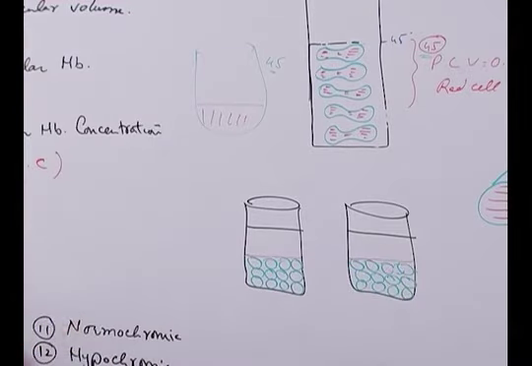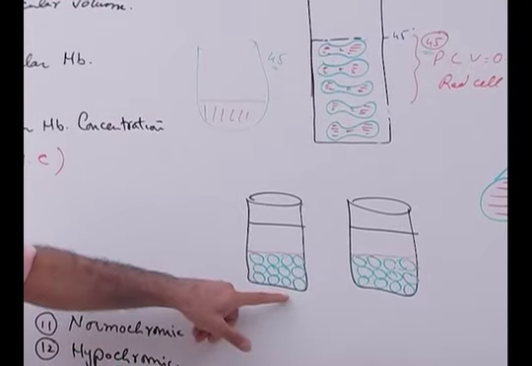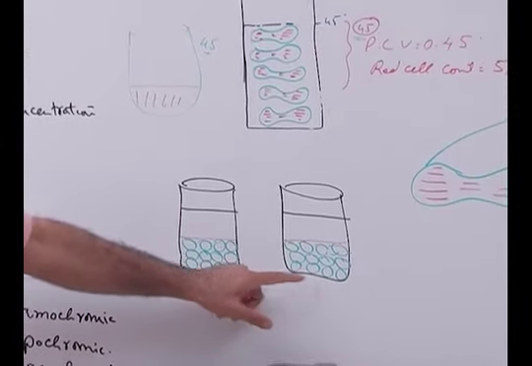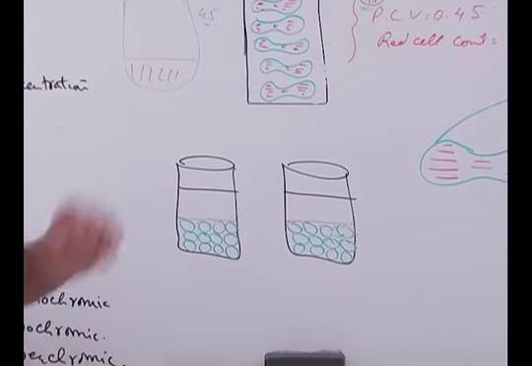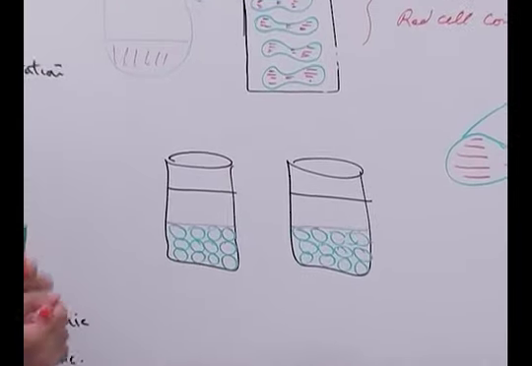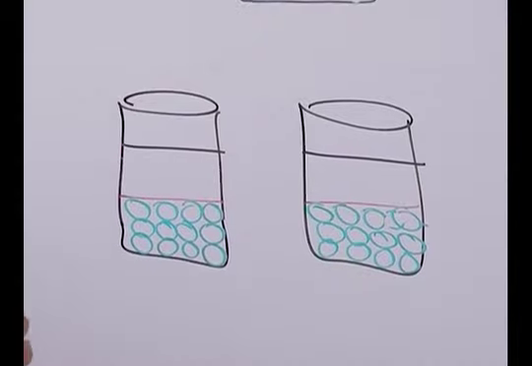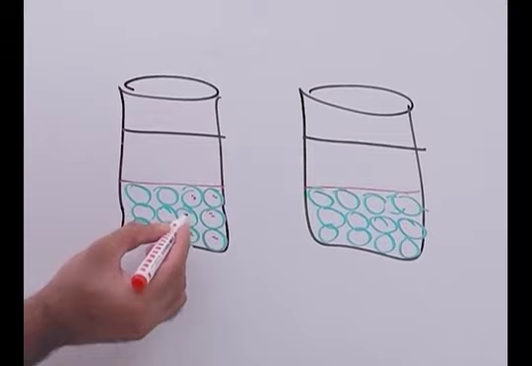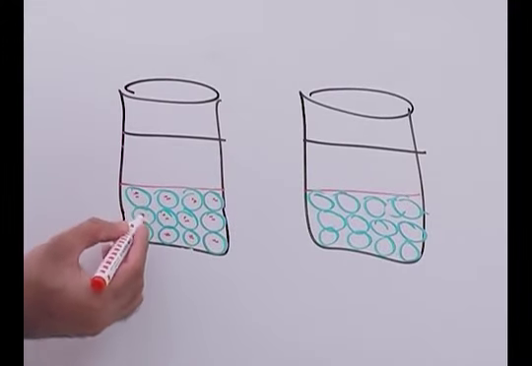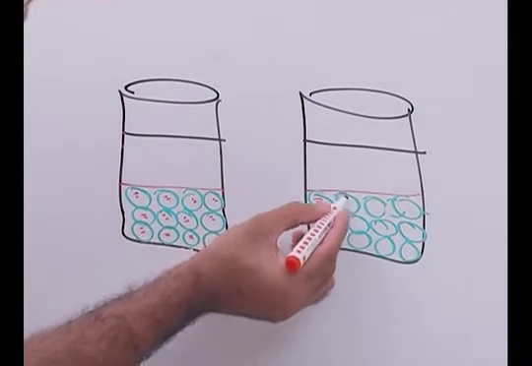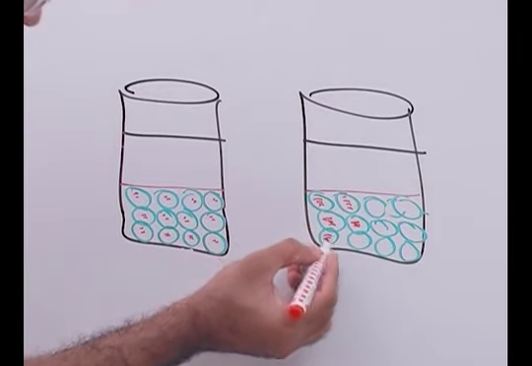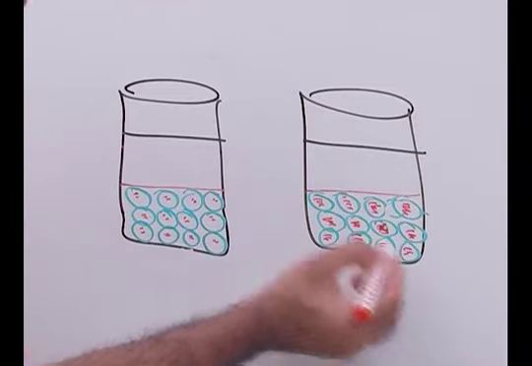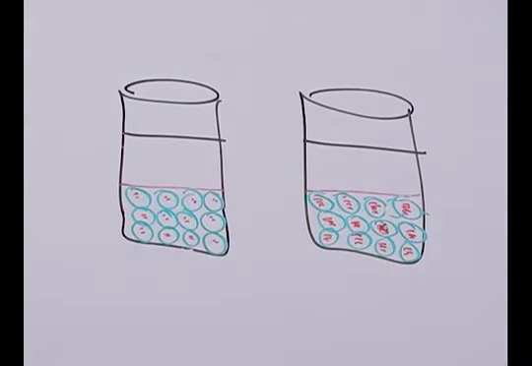In both cases, packed cell volume is the same. In both cases, RBC count is also the same. But here the RBCs are less juicy. They are under-hemoglobinized. They have less hemoglobin per RBC. And let's suppose their RBCs are very, very juicy, like oranges. Well hemoglobinized RBCs.